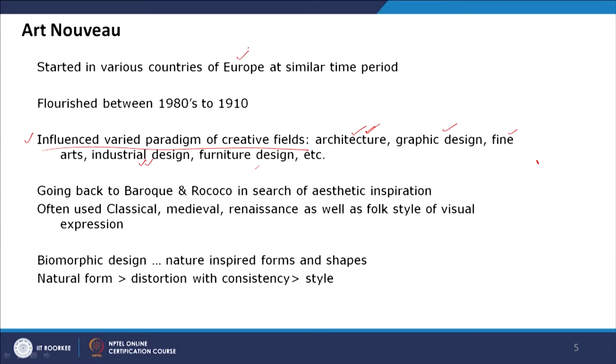And it started in various countries of Europe, unlike the Arts and Crafts movement, whose focal genesis point was Britain, and at a similar time period, and it also went to the USA. It flourished from the 1880s, the same time as the Arts and Crafts movement, and stopped at 1910.